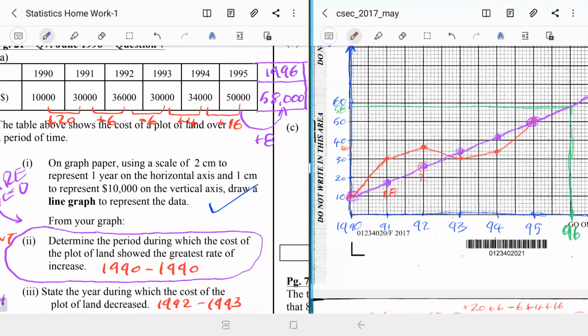This one will be 26. If I add 8 more, it should be 34. This one will be 34. So instead of 30, it will be 34. And if I add 8 more, this will be 42.